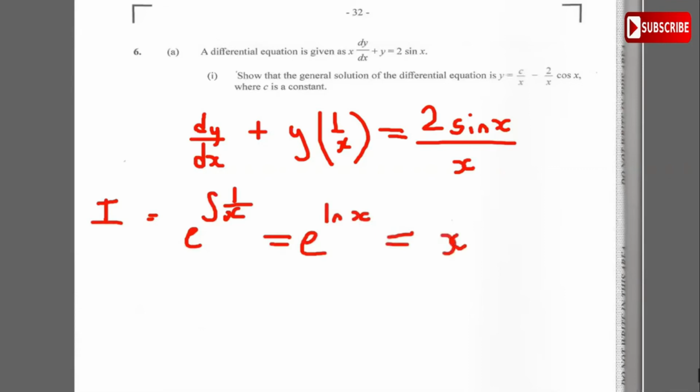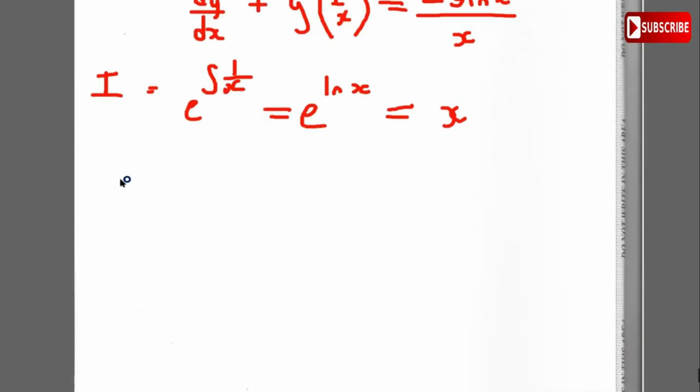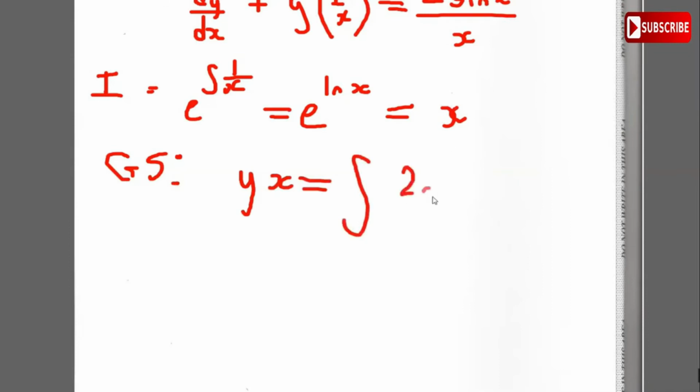So what do you do next? You find your general solution, GS. Your general solution is y times your integrating factor x, equal to the integral of your function of x, which is 2 sine x over x, times x, with respect to x.